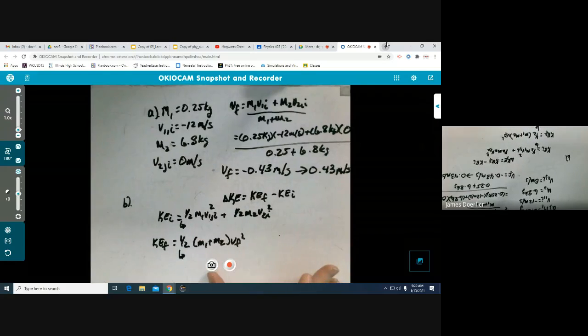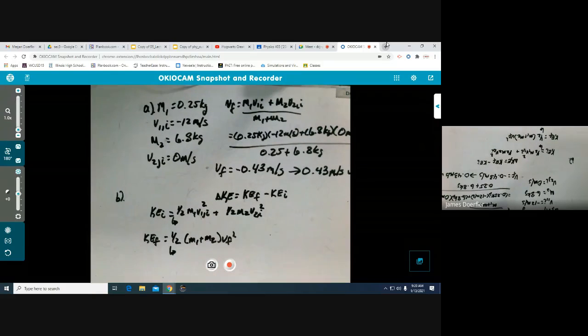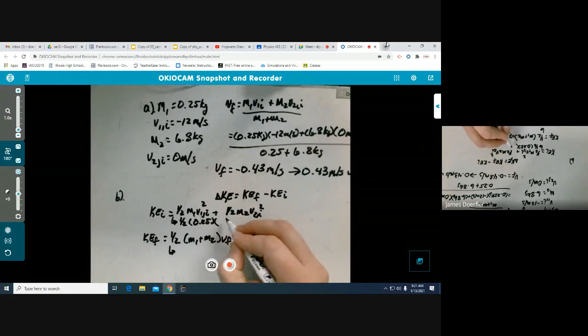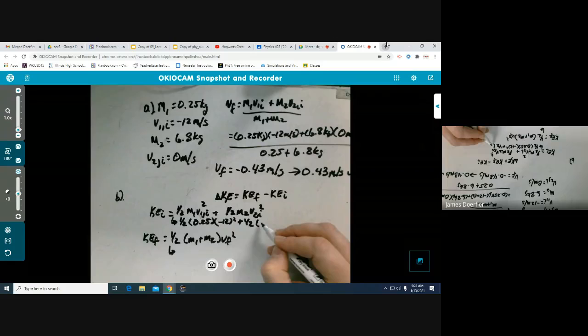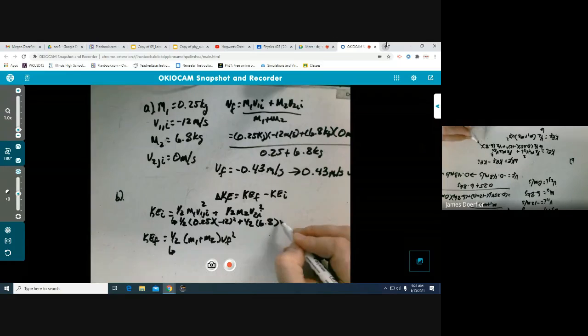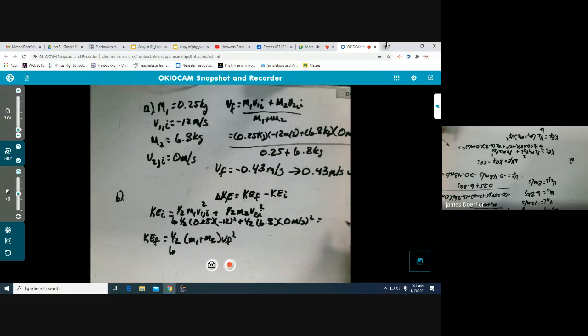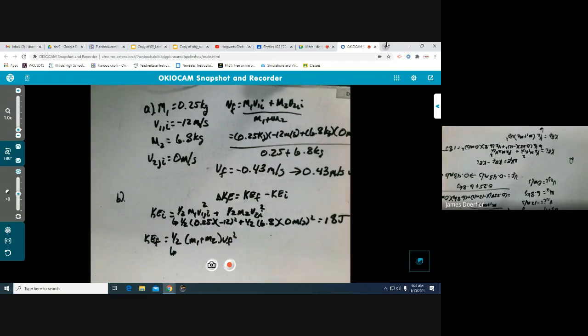Now I'm going to go ahead and run everything through. Key is make sure you have plenty of room when you're doing this work, ladies and gentlemen. All right, going back up to KEi, 1/2 of 0.25 kilograms times negative 12 meters per second squared plus 1/2 times m2, 6.8 kilograms times 0 meters per second squared. So when we add all those up, we should have 18 joules.